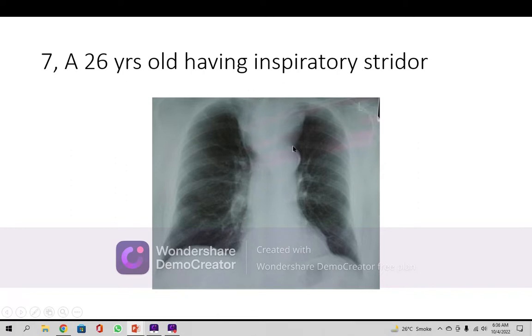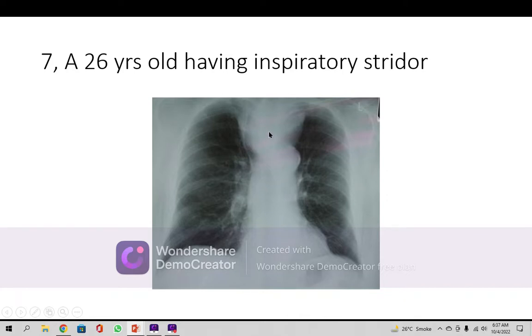See the lining of the opacity, coming like this, slightly irregular. This is a non-muscular shadow above the upper part of the middle mediastinum. Any mass can cause this, because it is anterior to the trachea. It causes pressure on the trachea and causes inspiratory stridor.